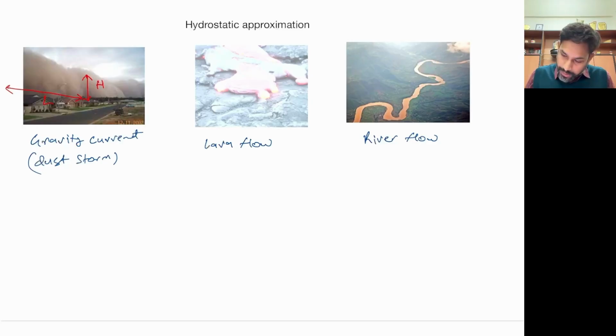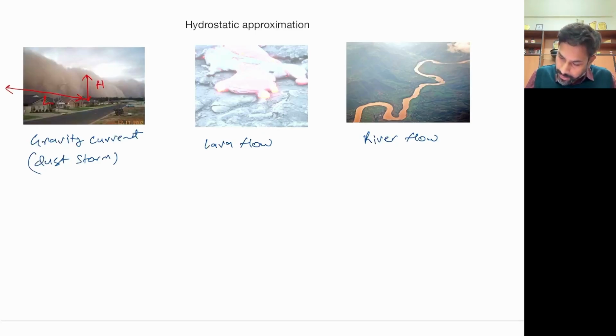In fact, you can also see that this horizontal length scale here is also much greater than the capital H here, right? But we generally consider the direction of the flow, and that's why I'm not really considering that as L.